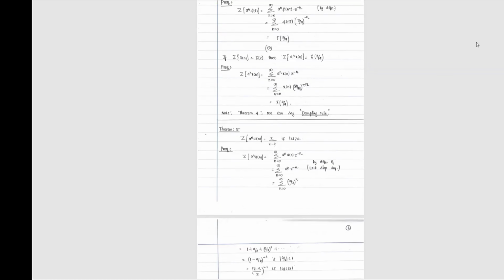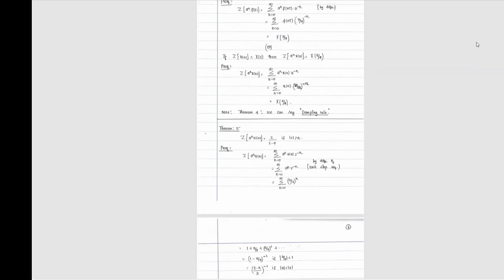Here we have a to the power n; if we take it in the denominator by taking the negative power of n, are you getting me? Yes, ma'am. So we can write it as summation n equals 0 to infinity of f(nT) into (z/a) whole power minus n. Here, instead of z, we have z over a, so we can write it as F(z/a). Got it? Yes, ma'am. Good.